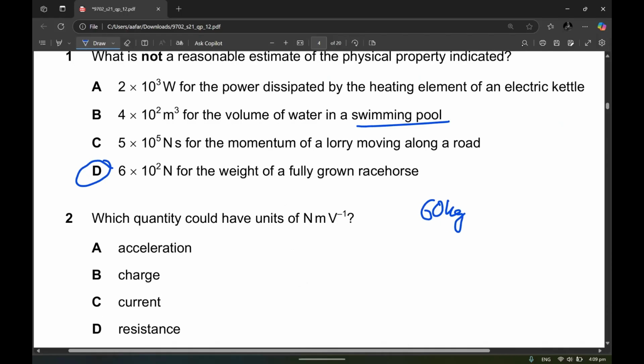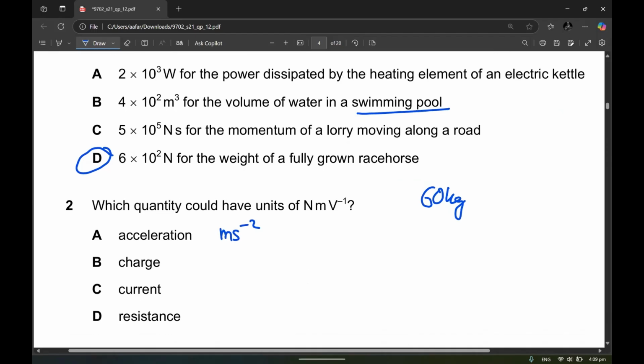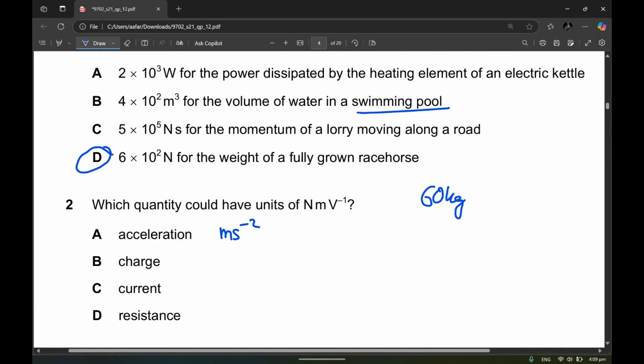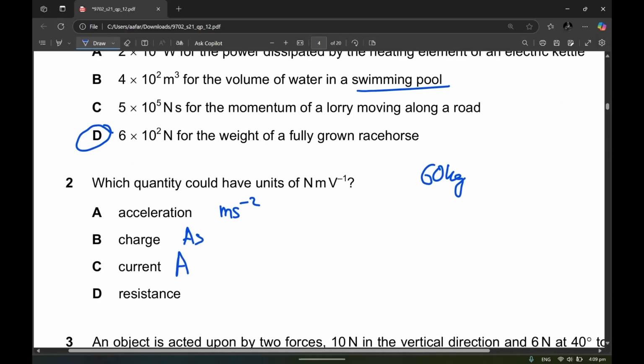Which quantity could have units of Newton meter per volts? Acceleration is meter per second square, right? Charge is ampere second. Current is ampere.